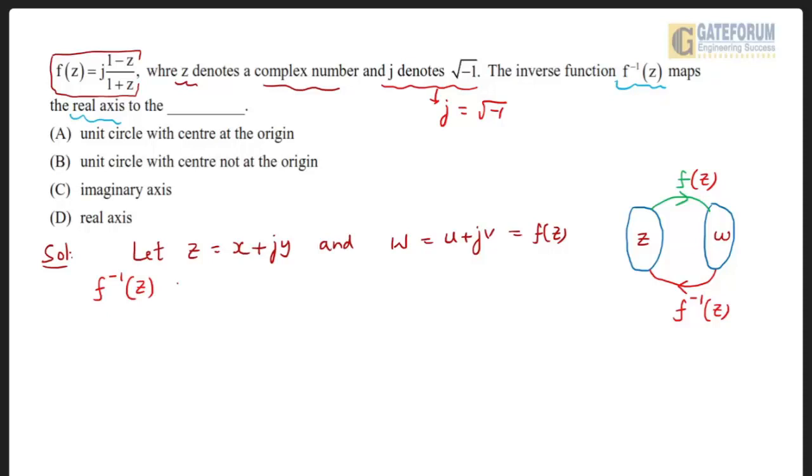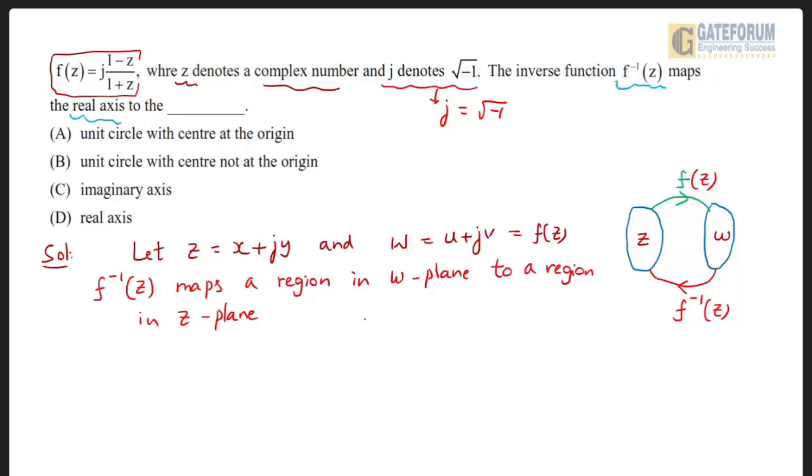It maps a region in the W plane, that is the UV plane, to a region in the Z plane, that is the XY plane, where X is the real axis, Y is the imaginary axis. Here U is the real axis, V is the imaginary axis in the W plane. F of Z maps a region in the Z plane to the W plane.